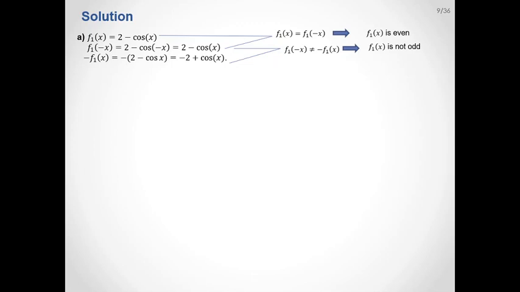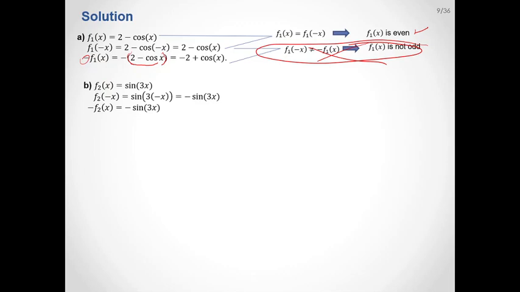Here you have to be careful. I'm making minus 2 minus cosine x, so I'm putting them in parentheses. Since you have even, no need to do this one, because there's no function that is even and odd at the same time.